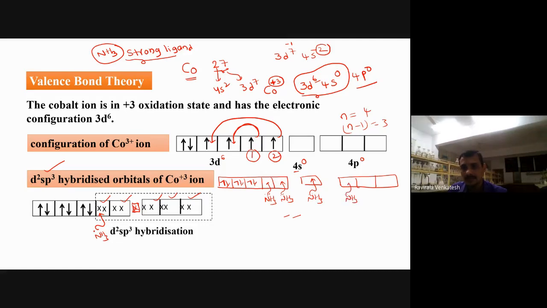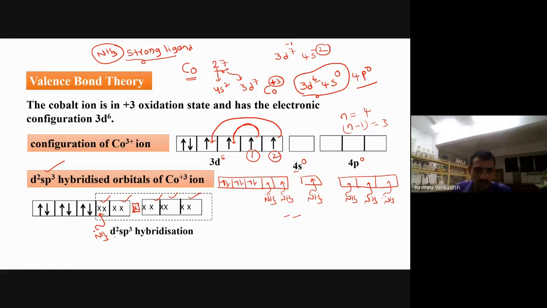Like this, each ammonia is donating a lone pair. Now we got a coordination complex compound, because the lone pair is donated by one molecule and shared. So it is called a dative bond, nothing but a coordinate bond. So this is nothing but a coordination complex compound.